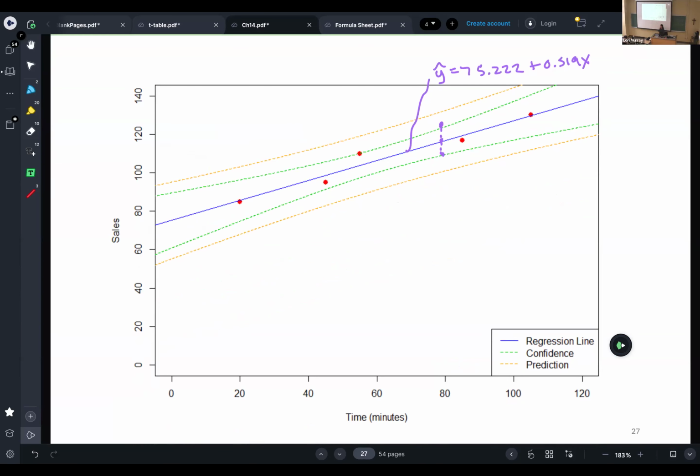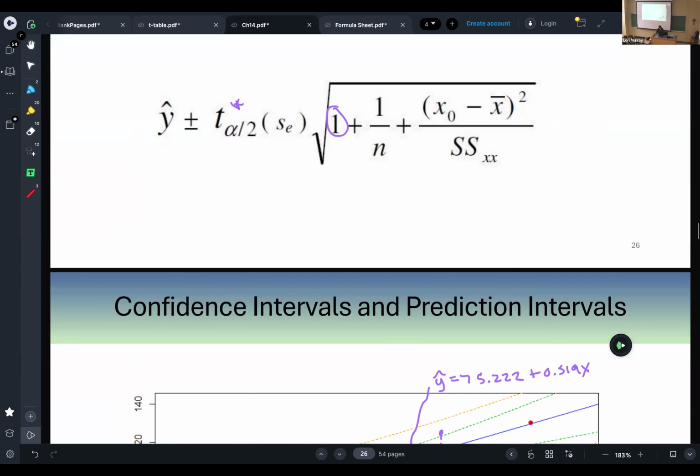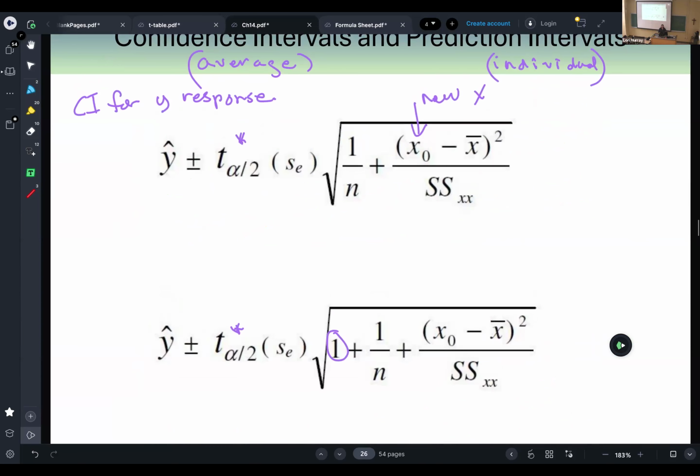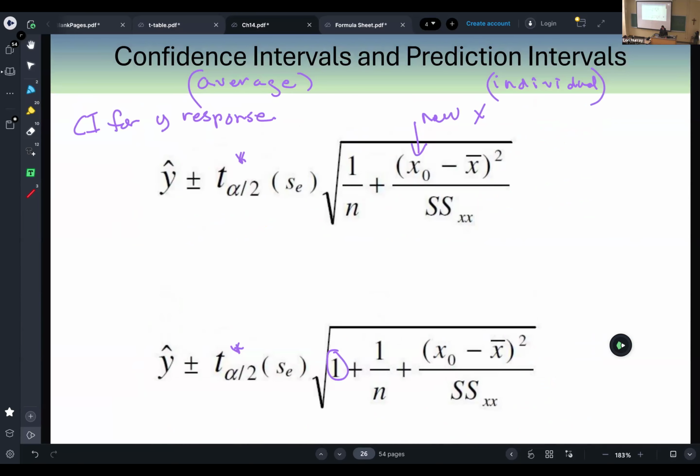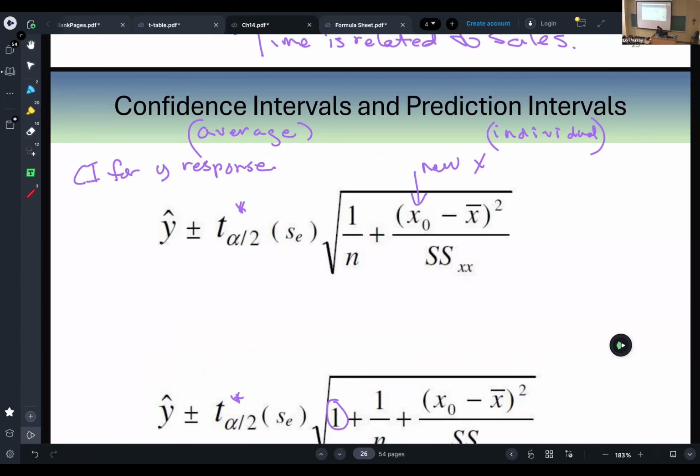Okay. So if we're good, let's try to do this. I think I said 80, but why don't we try a new X of 90? So for X equals 90, we would get Y hat equals 75.222 plus 0.519 times 90.